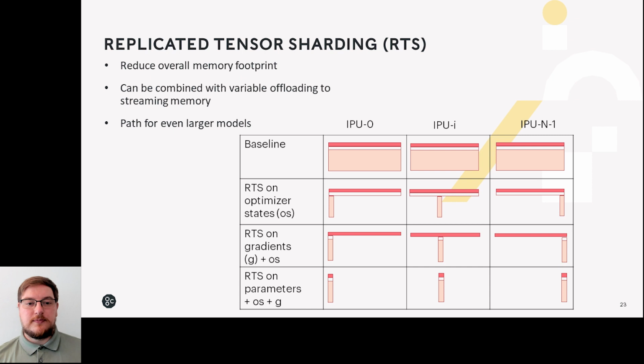For example, we could shard the optimizer states, having the first part on the first IPU, or better to say, on the first replica, and then continuously having the other parts of the optimizer states distributed.